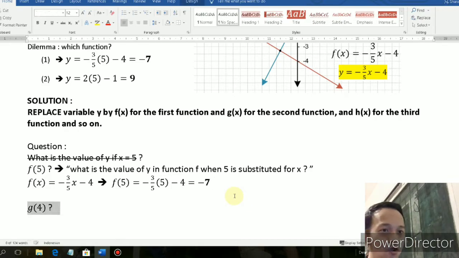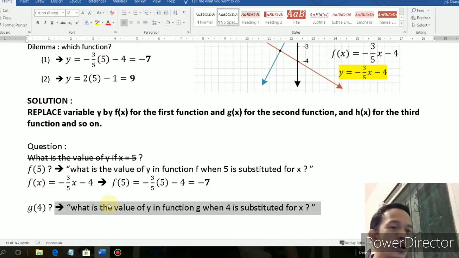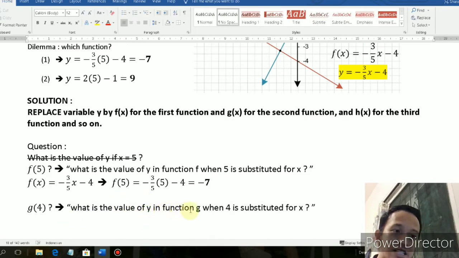So let's go to the next question. If I translate it into English, it means what is the value of y in function g? So we are speaking about the second function when 4 is substituted for x.